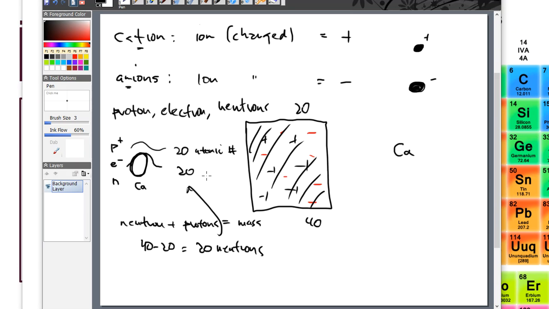So the atomic number is 20, and then the bottom number is 40. So 20 from 40 gives me 20, and it just so happens to be 20 down the board. It's not going to work out this way every single time, meaning all the numbers are not going to be identical. A lot of them are.